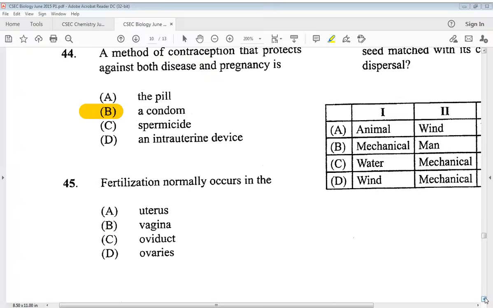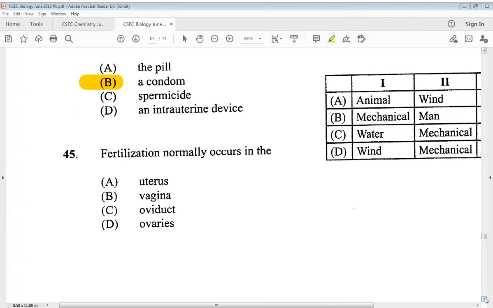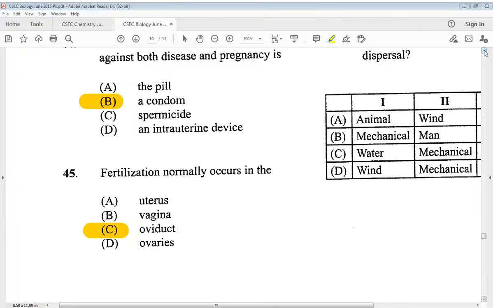45 says, fertilization normally occurs in the, we know that is the C, oviduct. Let's go to number 46.